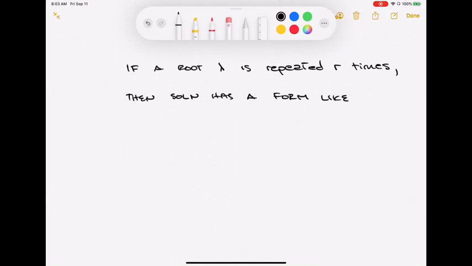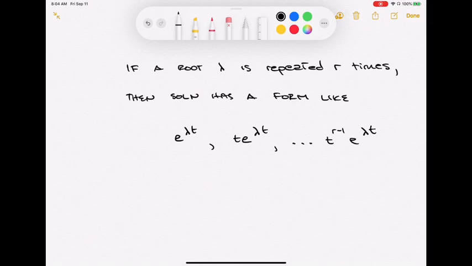It looks like an e to the lambda t, and there is an e to the lambda t, but with a t out front. And we're going to keep doing that all the way up until a t to the r minus 1 e to the lambda t.